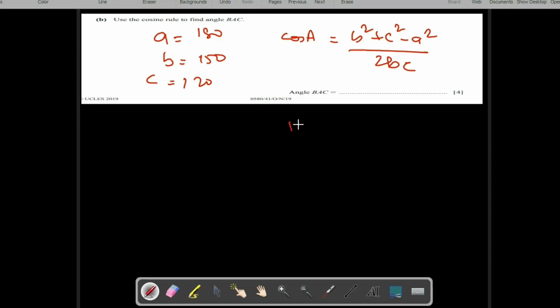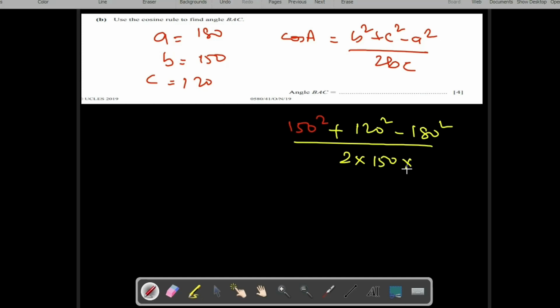So B is 150 square plus 120 square minus 180 square upon 2 into 150 into 120. So cos theta is going to be 4500, if I solve all this, upon 36,000.